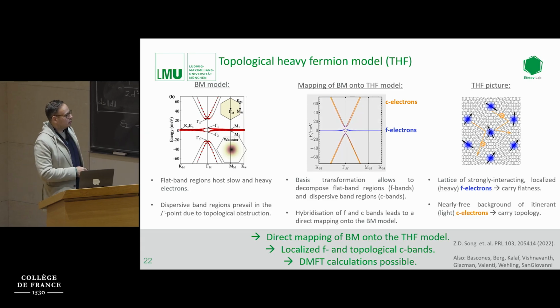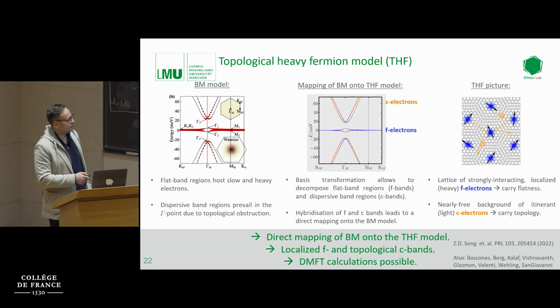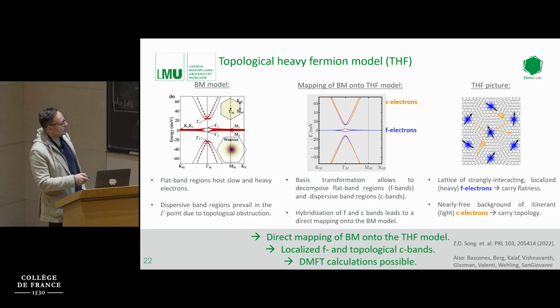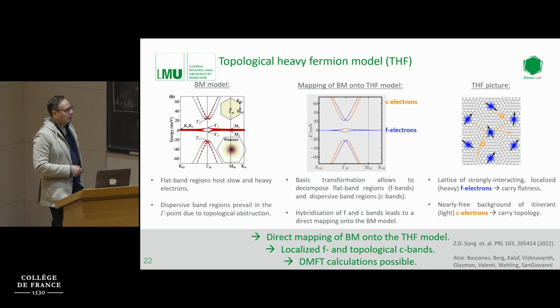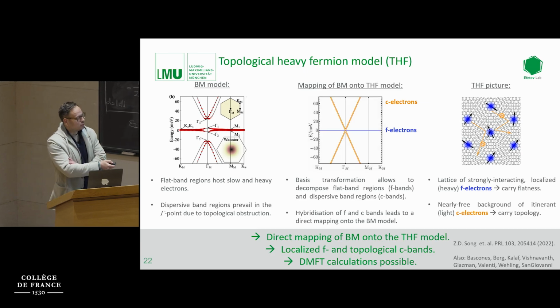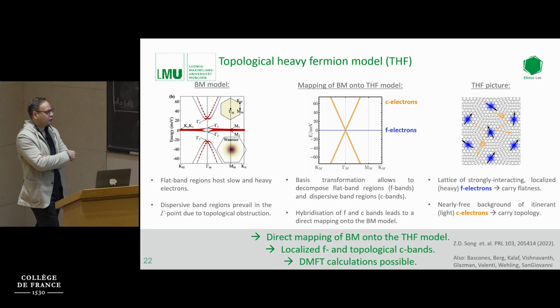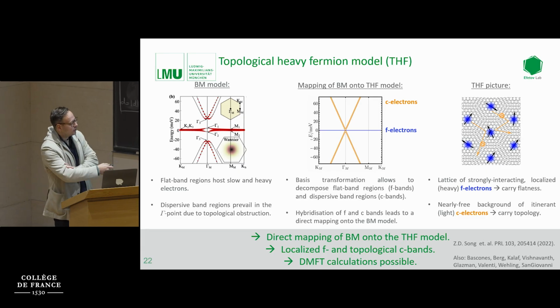If they turn on the hybridization of these C and F electrons, they obtain exactly the Bistritzer-MacDonald model, and directly map those two problems onto one another. So a picture unfolds, this topological heavy fermion picture, where you can analyze the F electrons, which are slow and like to localize on the lattice sites, and the C electrons in a separate way, somehow interacting with one another.